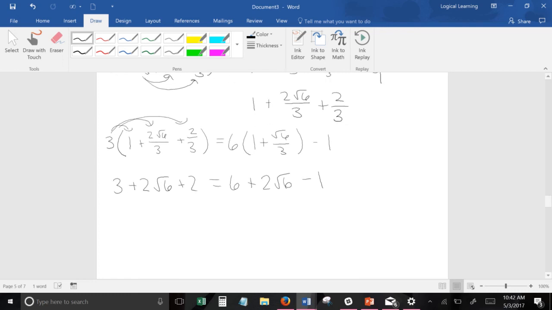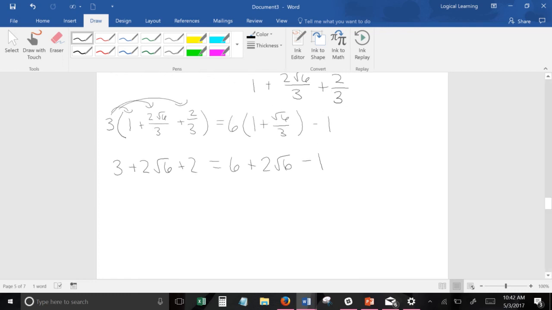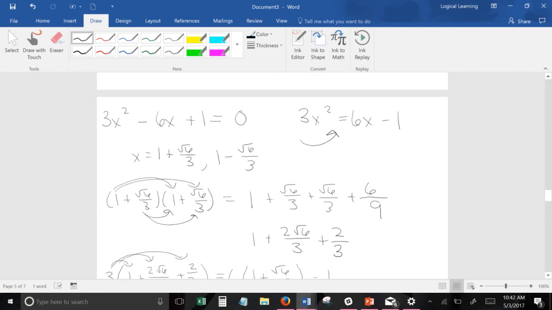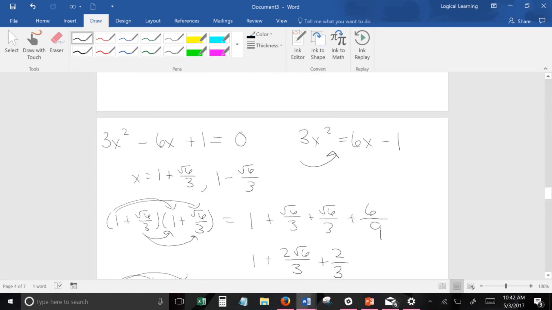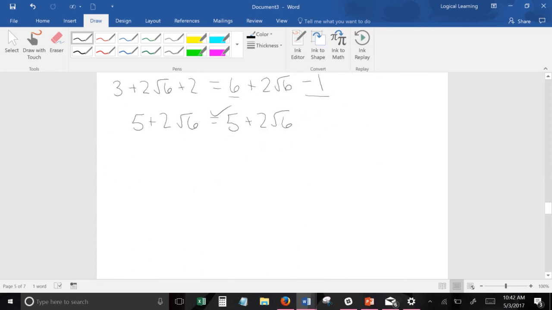And we want to know if these are equal. So 3 plus 2 is 5, so we have 5 plus 2 root 6, and 6 minus 1 is 5, so we have 5 plus 2 root 6. So we can see that these are in fact equal and that that is a correct solution to our quadratic equation. And you can do the same with the 1 minus root 6 over 3 to check as well.